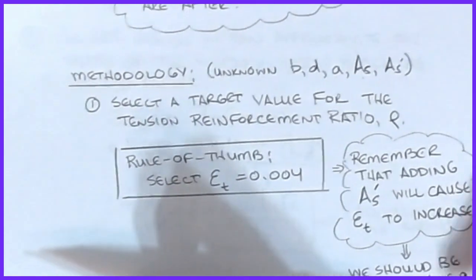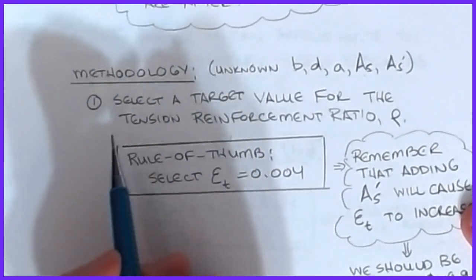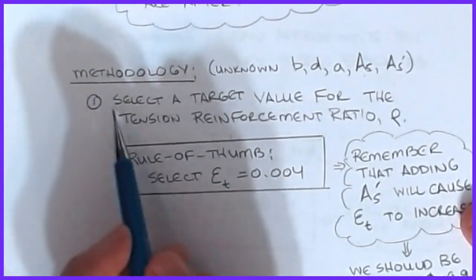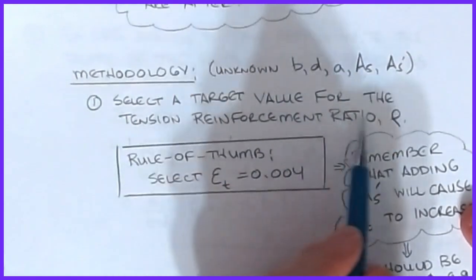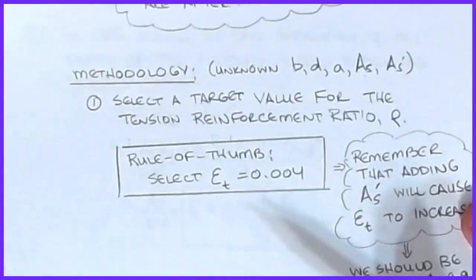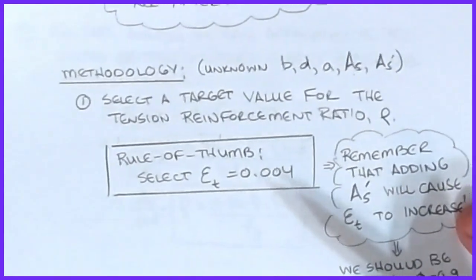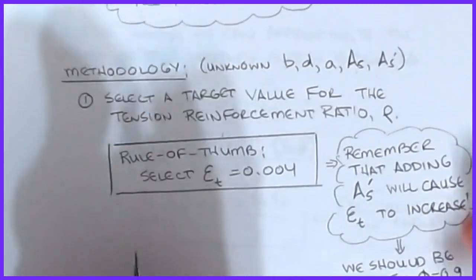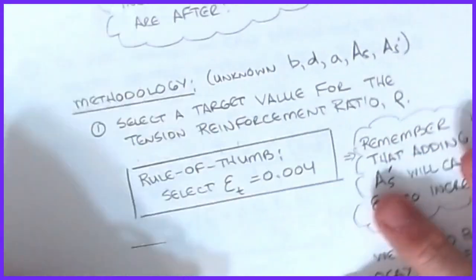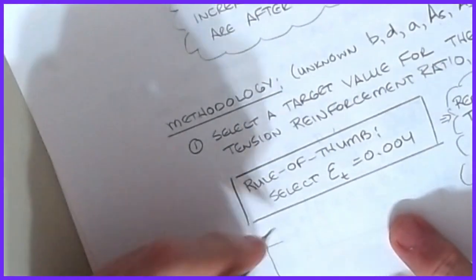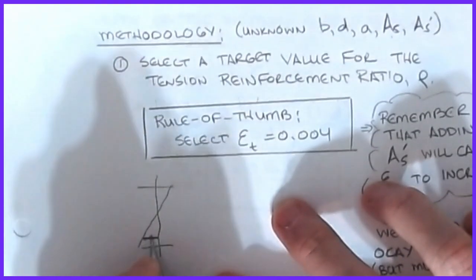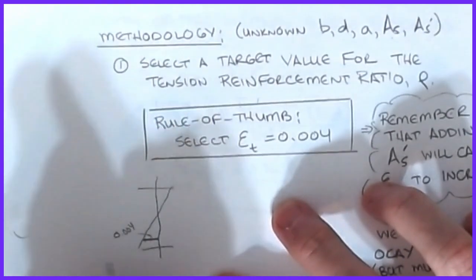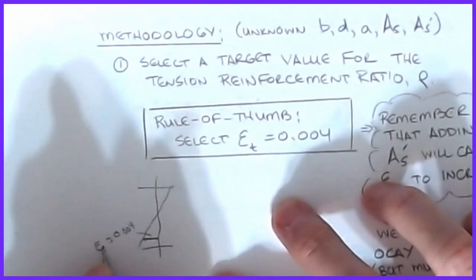Now for design, typically we ask, how do we want to start? The approach I like to use is to select a target value for my tensile reinforcement ratio. Normally what I do is set a tensile strain down at the bottom, and I'll prescribe this value to be somewhere around 0.004 as my epsilon t strain.